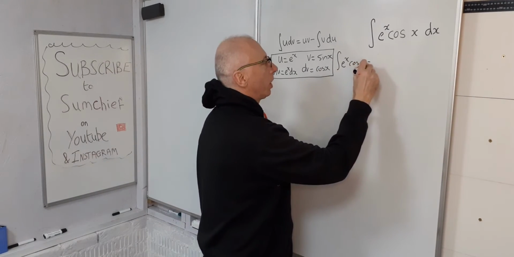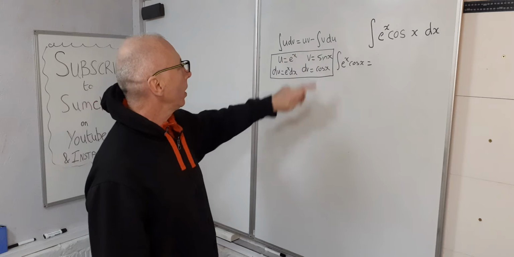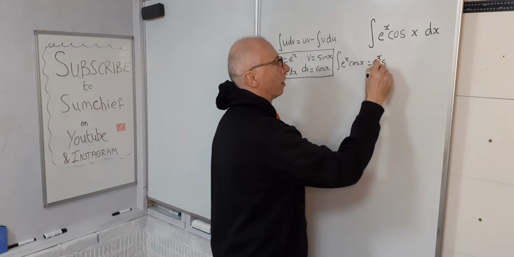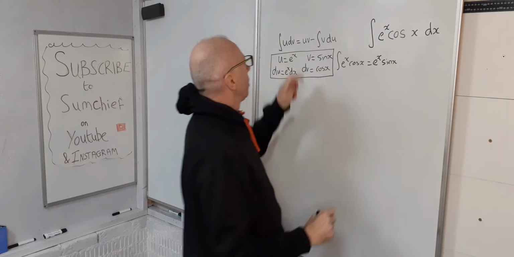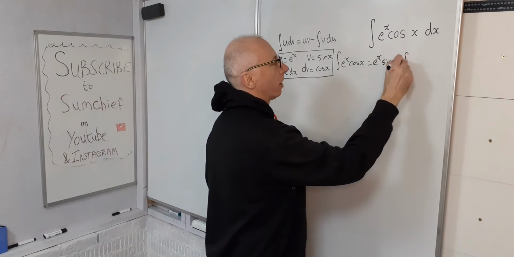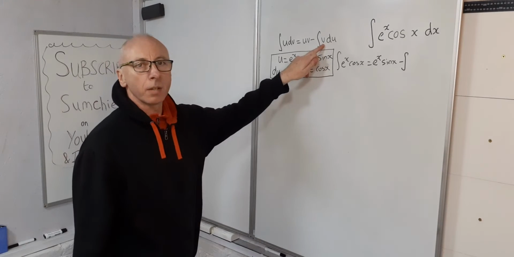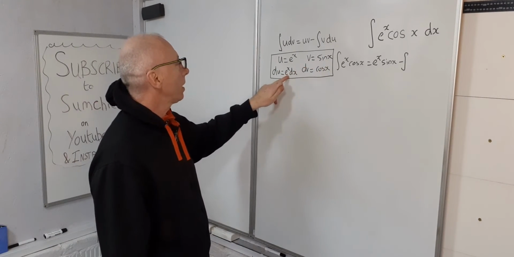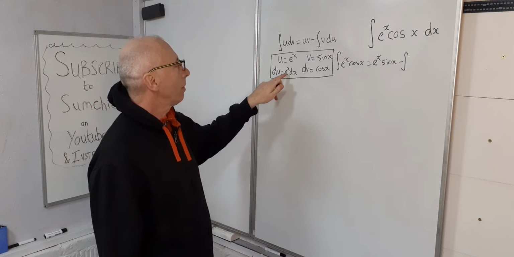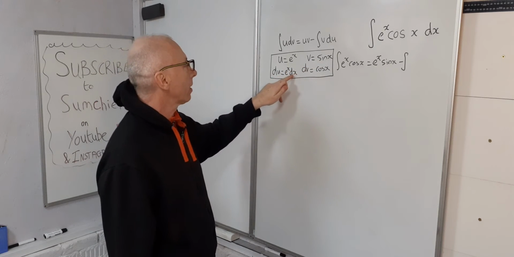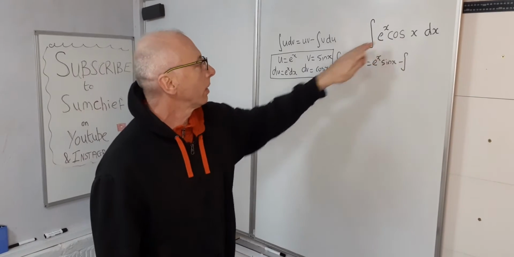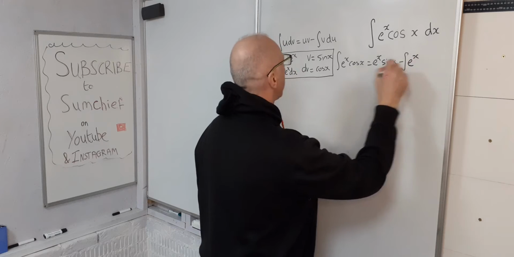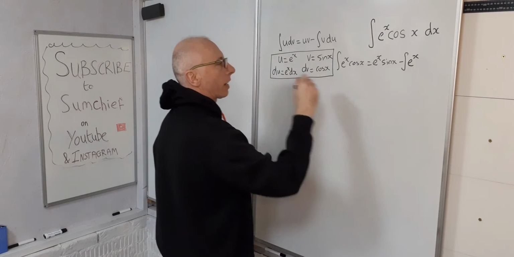And then equals u times v, e to the x sine x, minus integral v times du. So that's sine x times e to the x dx. Now just allow me to put the e to the x before the sine x and then the dx, so we're in the same format as what we got here. Stops us getting confused. So e to the x sine x dx.